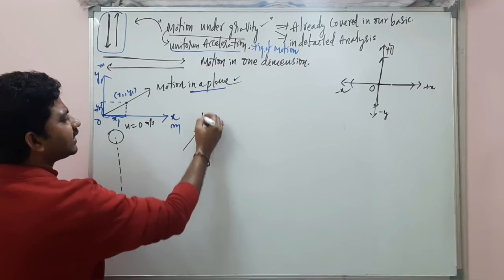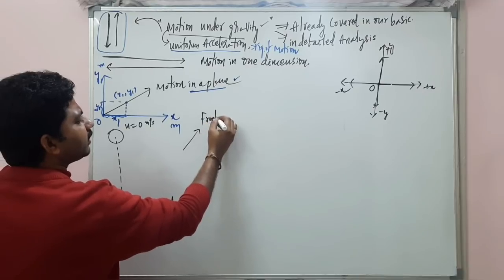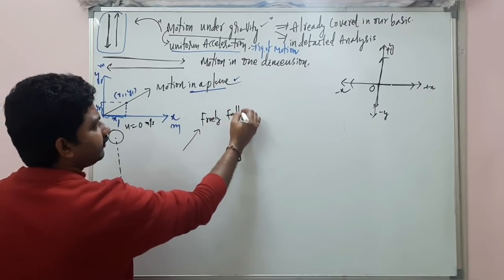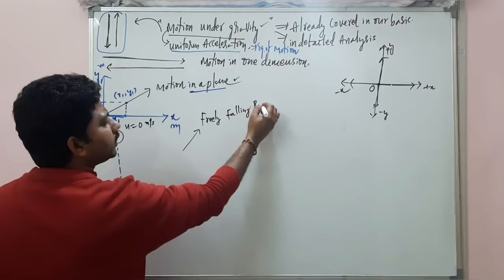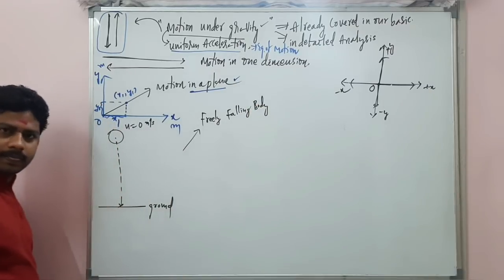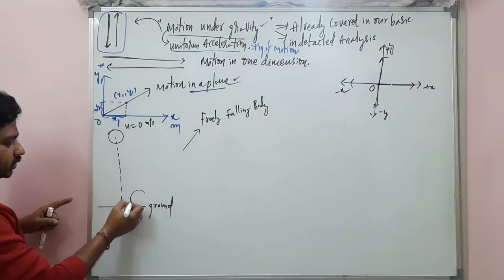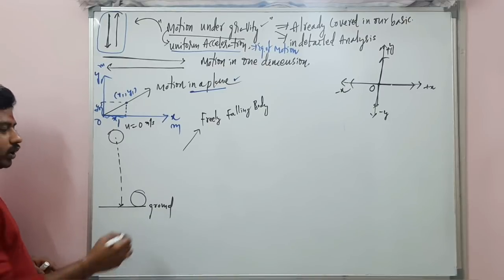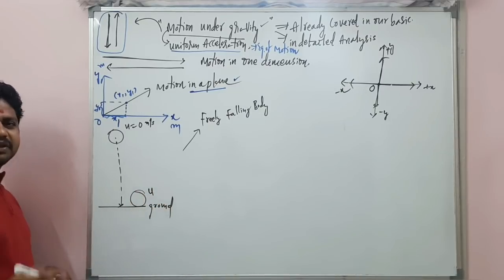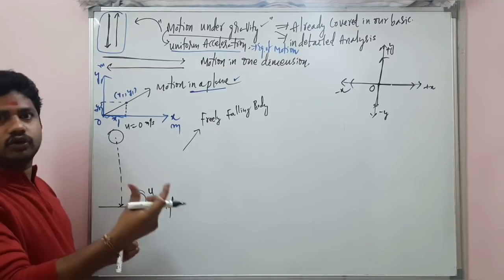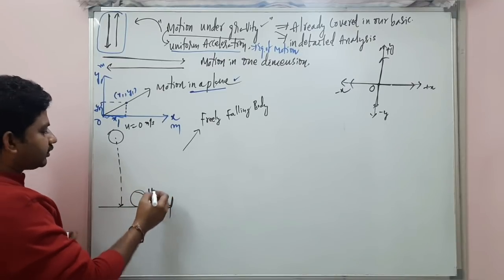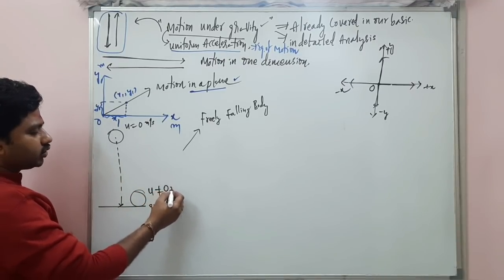So two cases are there in motion under gravity. Number one is a freely falling body, and you can also project a body from the ground. Project a body from the ground means there must be some initial velocity. With some initial velocity only you can throw the body upwards, right? So U is not equal to 0 meters per second.